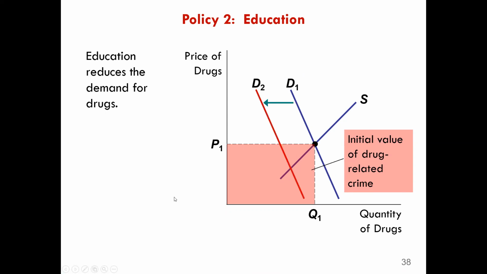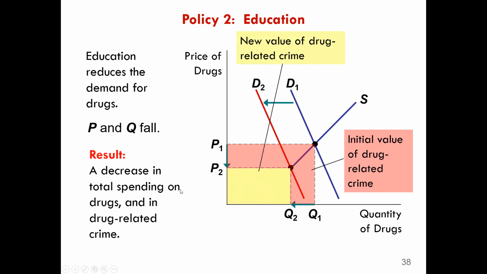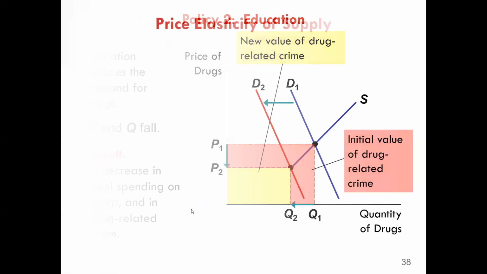So your demand curve will shift inwards from D1 to D2. The effect is that price and quantity are going to fall. Price falls from P1 to P2, and quantity also falls from Q1 to Q2. The result is that there will be a decrease in total spending on drugs and in drug-related crime.